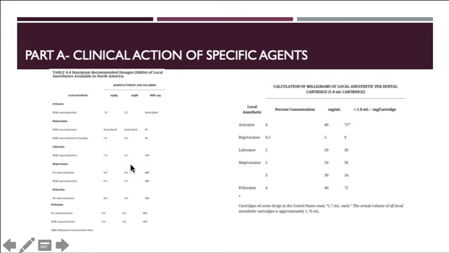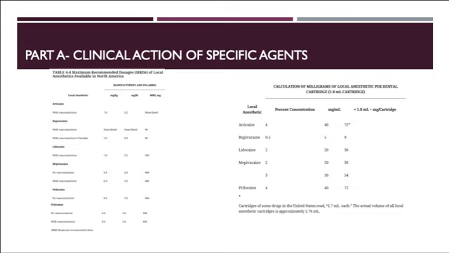But let's see how many carpules that makes. So we take that 1,280 milligrams and divide it by this number right here, 36, because we know that there's 36 milligrams per carpule. So we take 1,280, divide it by 36, and we get 35.55555.